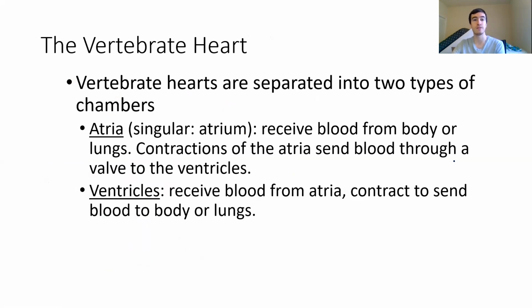So in vertebrate hearts, and humans are vertebrates, meaning we have a backbone or a spine, there are generally two different sets of chambers that the heart is separated into. There's the top chambers and the bottom chambers.